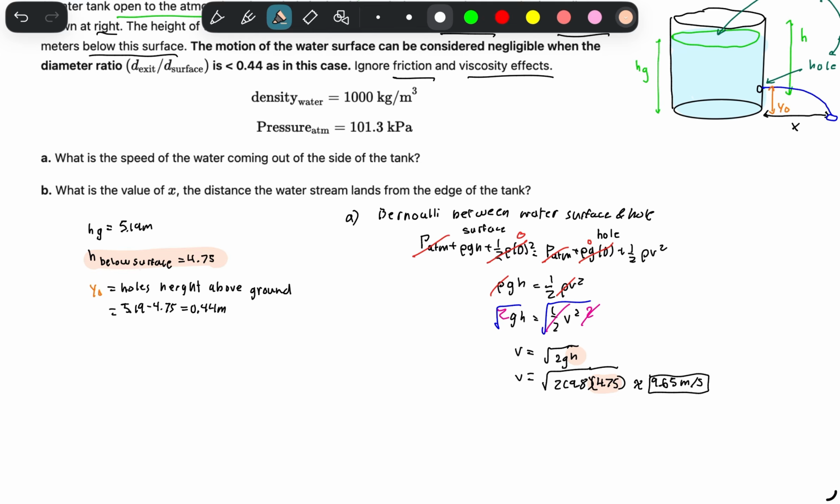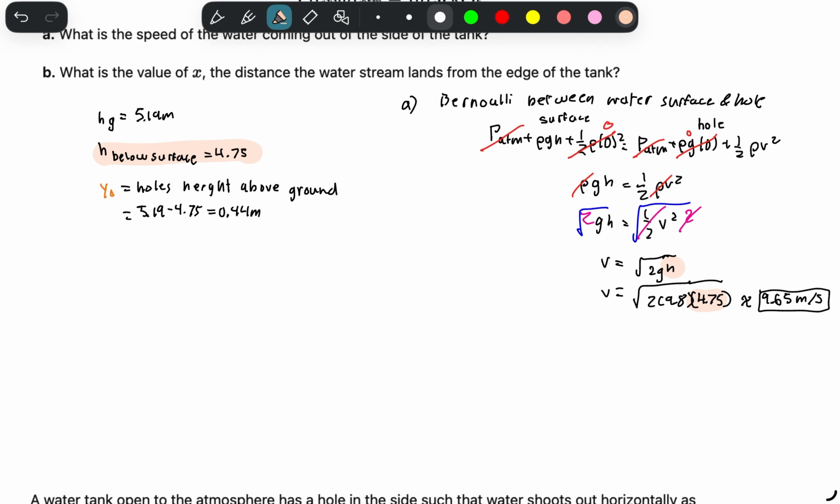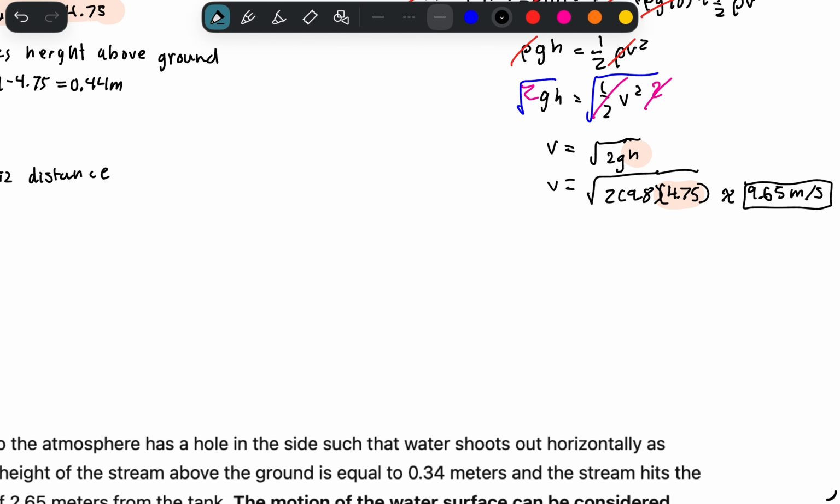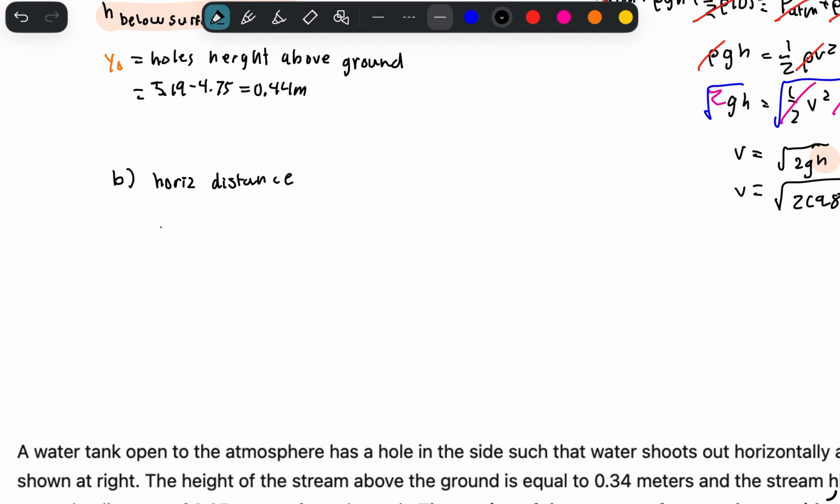We're also asked, what is the value of x, the distance the water lands from the edge of the tank? So we're looking for that horizontal distance. We know that the water is going to leave horizontally, so we can think of this with projectile motion, back to Unit 1.